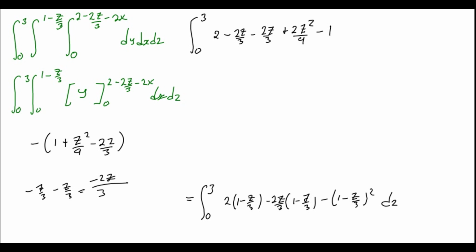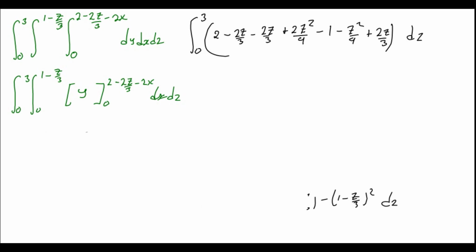Yeah, it's a plus. So that would be minus 1 minus z squared over 9. Then here we're going to have plus 2z over 3. So you have dz there like that. Okay, this appears to be a lot of stuff to do, but we'll eventually find the answer anyway.